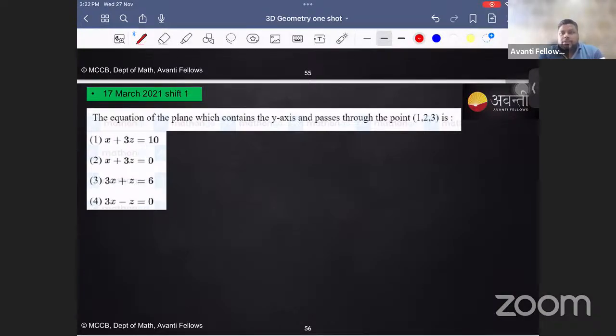Okay. So anyways, nobody participated. Let's see. You are trying to find the equation of this plane. Now, this plane contains the y-axis. That means there is a point 0, 0, 0 in the plane.